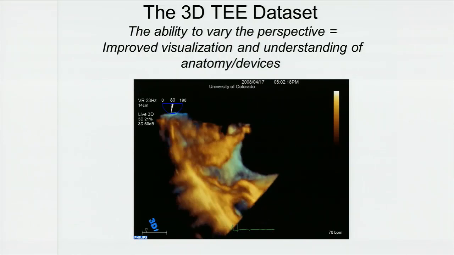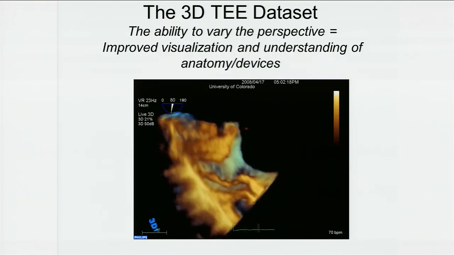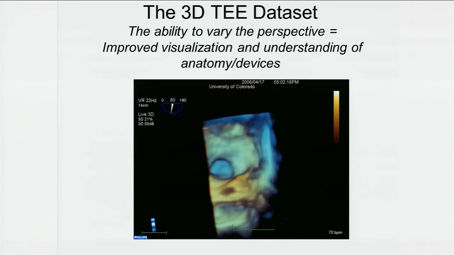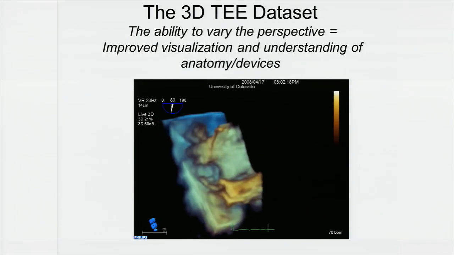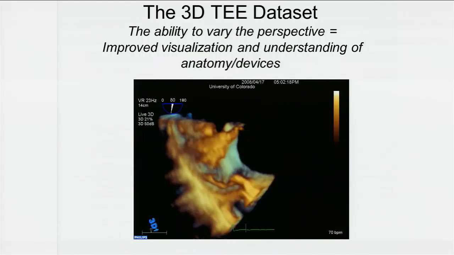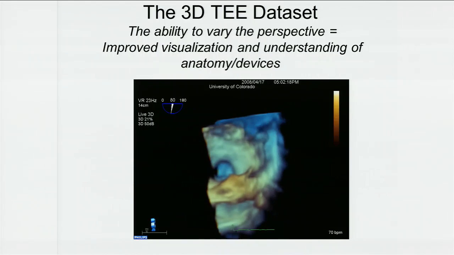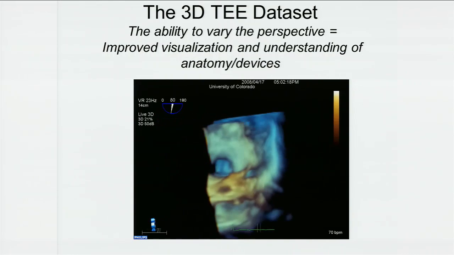And not only do you see how inherently one can become more familiar with the anatomical structure, but how one might start thinking about what kind of device, how would I put this in. So it really started to show the improved visualization and understanding of anatomy and devices that came along with having the ability to control the image.